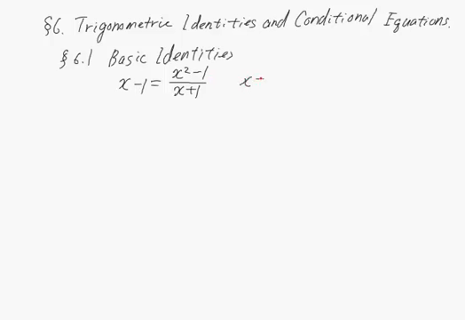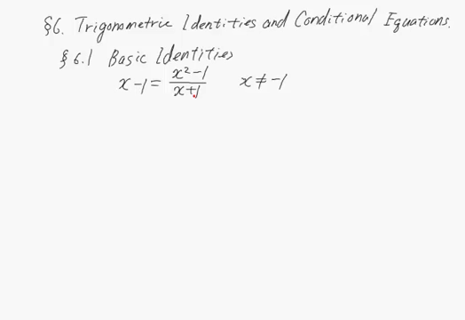When x is not equal to -1, both sides are well defined. Then every number not equal to -1 satisfies this equation, so this equation is an identity.